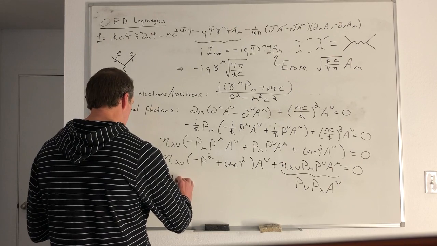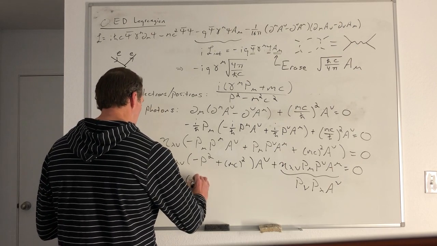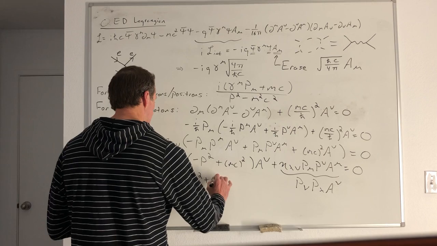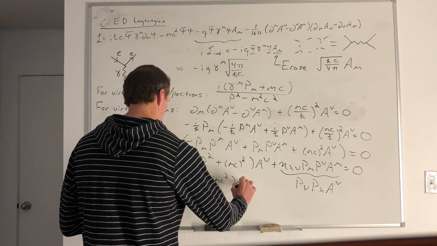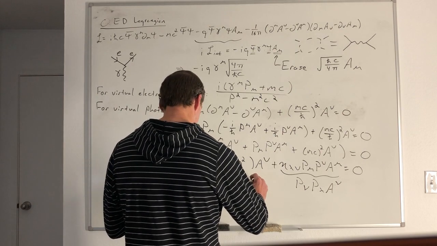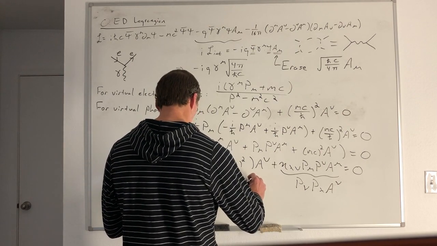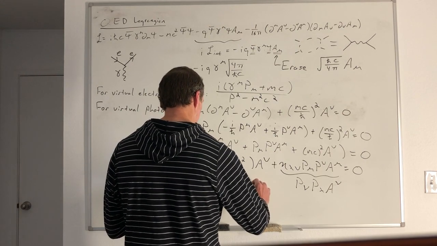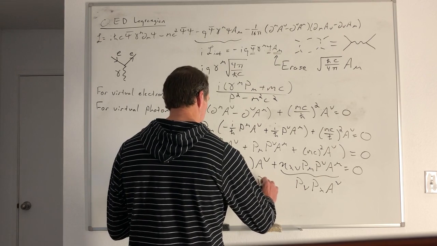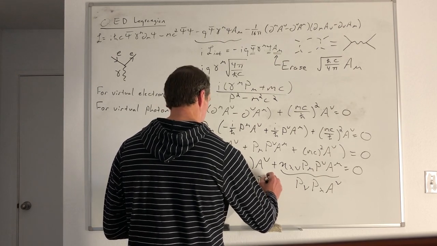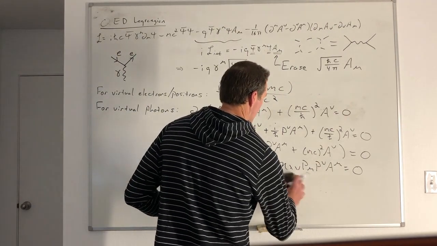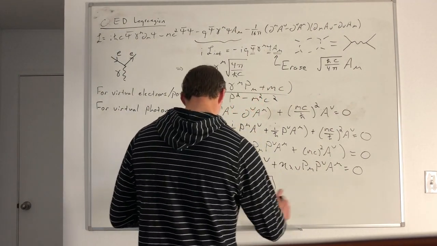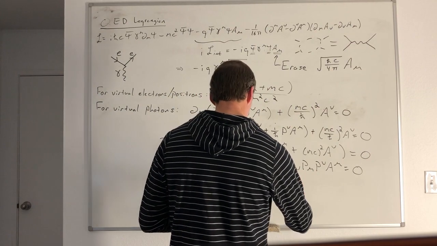Eta lambda nu times (minus p squared plus mc squared) plus p nu, p lambda, is all acting on A nu.